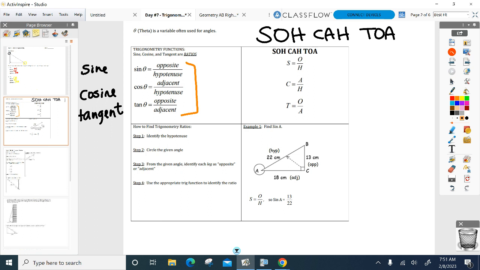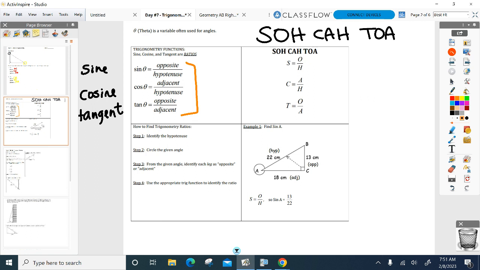And then finally T for tangent: O for opposite over adjacent. The only thing you have to worry about is spelling it correctly. I can't help you with that. But SOHCAHTOA will help you remember what all three ratios are equal to.